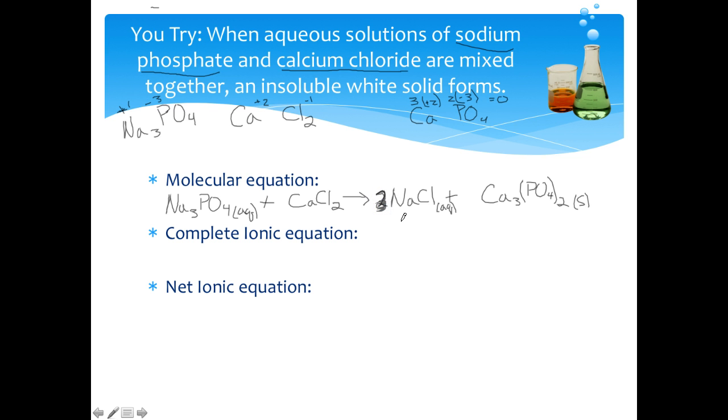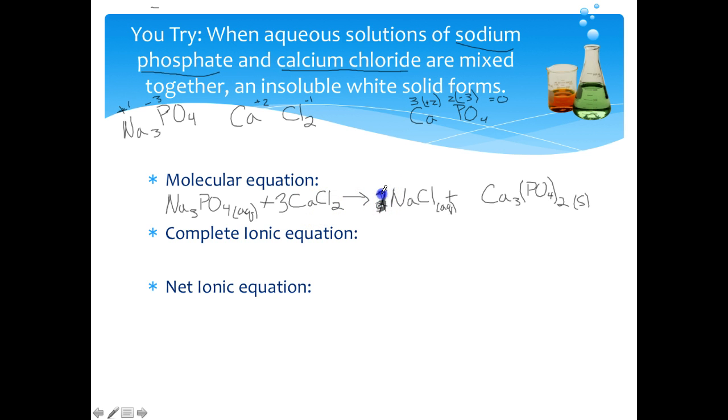Are we all happy that that got changed into a 3, giving me 3 chlorides over here? Oh my goodness, though, I have 2 of them over here. Okay, and I'm going to need 3 calciums. So that means this is going to need to be 3.